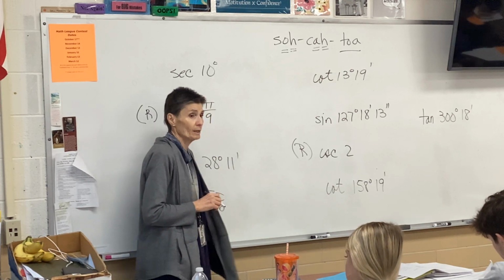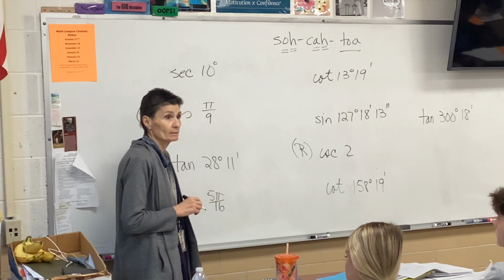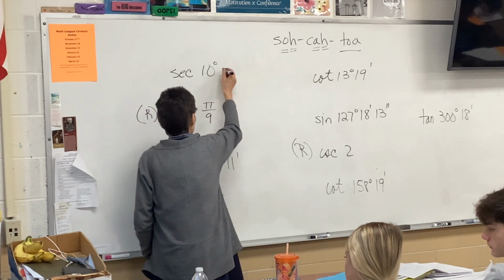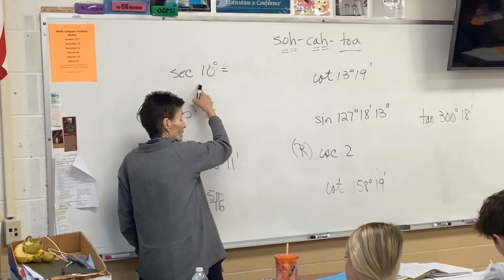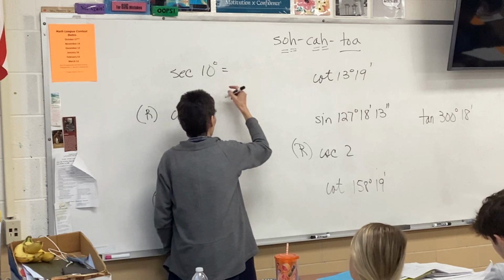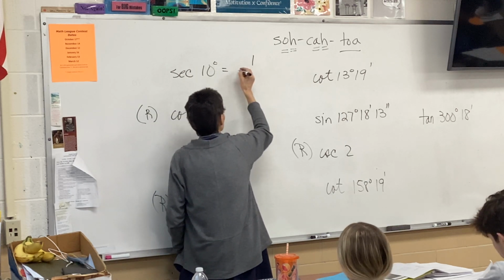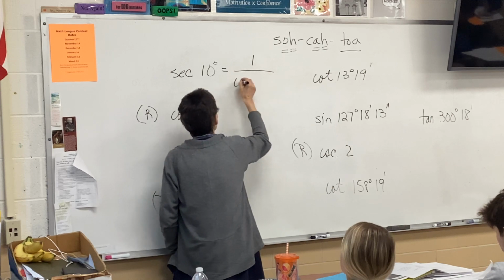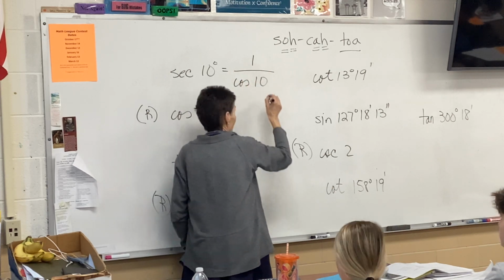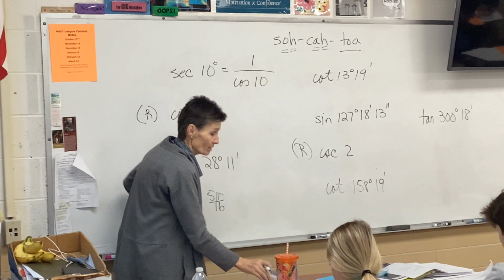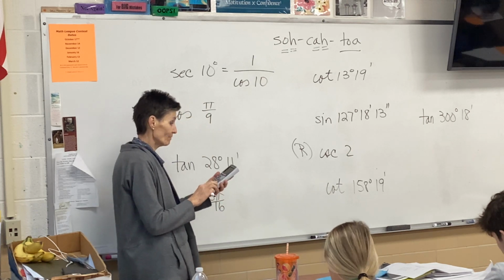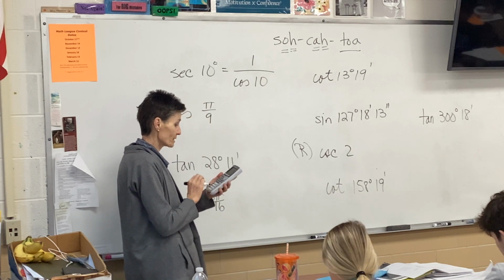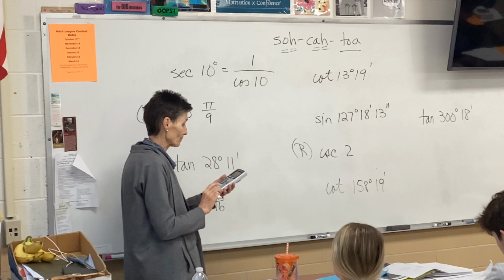It's the reciprocal of cosine. So when we type this into our calculator, we will literally type 1 divided by cosine 10. 1 divided by cosine 10.